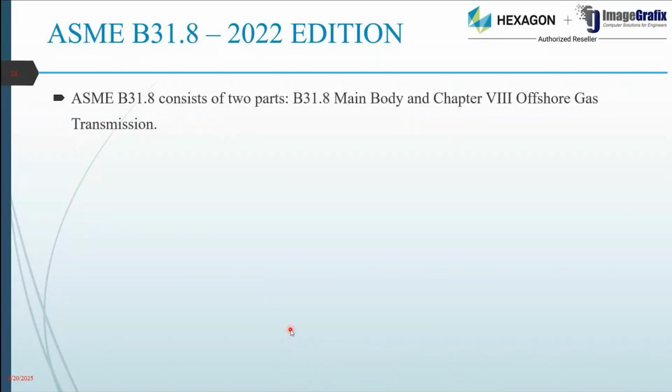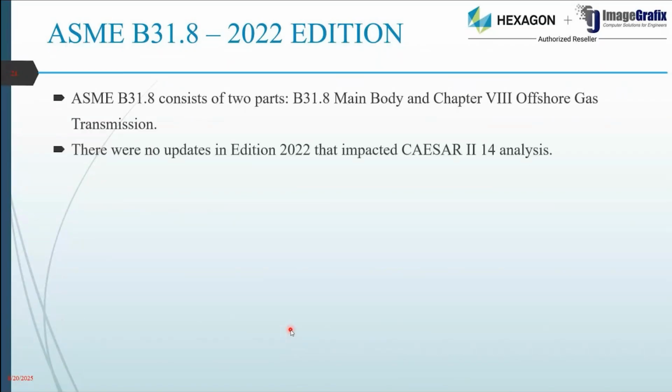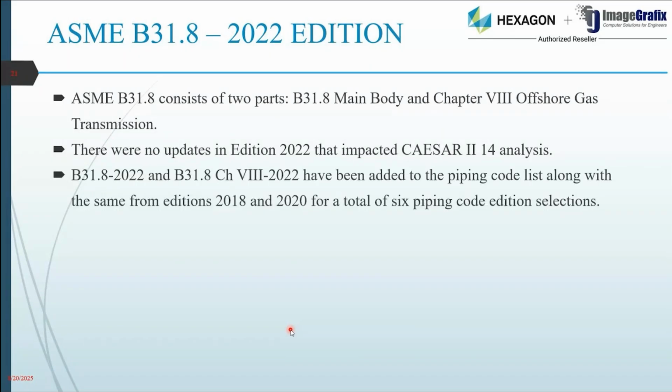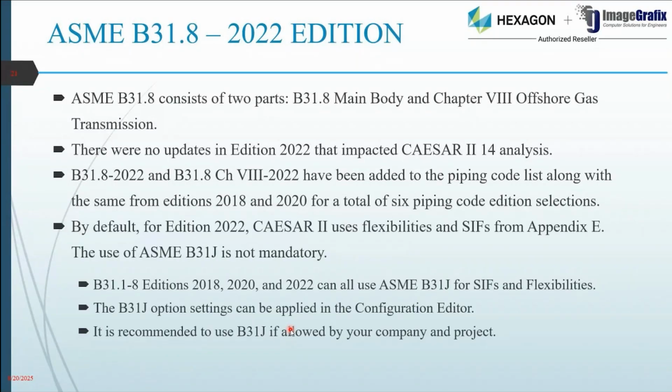Similarly for B31.8, we don't have many updates in the latest release. The new edition has been added into the piping code list, along with the same editions, containing 6 codes. And here also B31J is not mandated, so it still uses Appendix E of your B31.8 code book for your flexibilities and SIF factors.